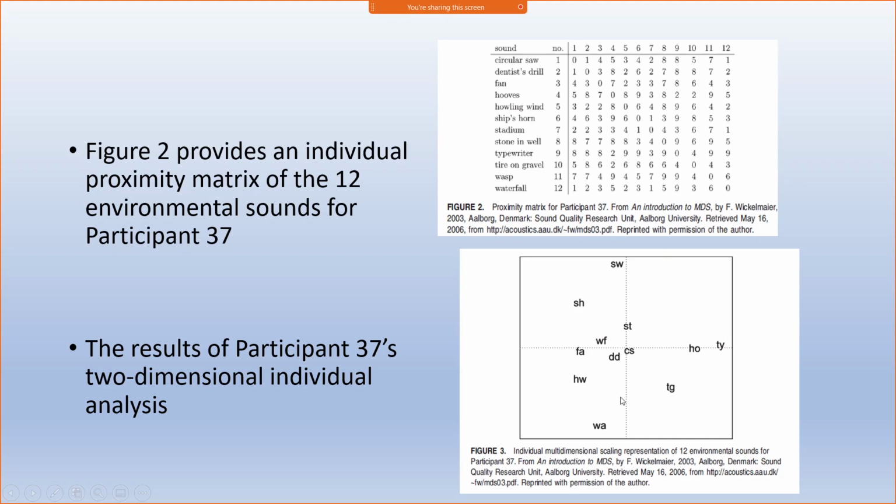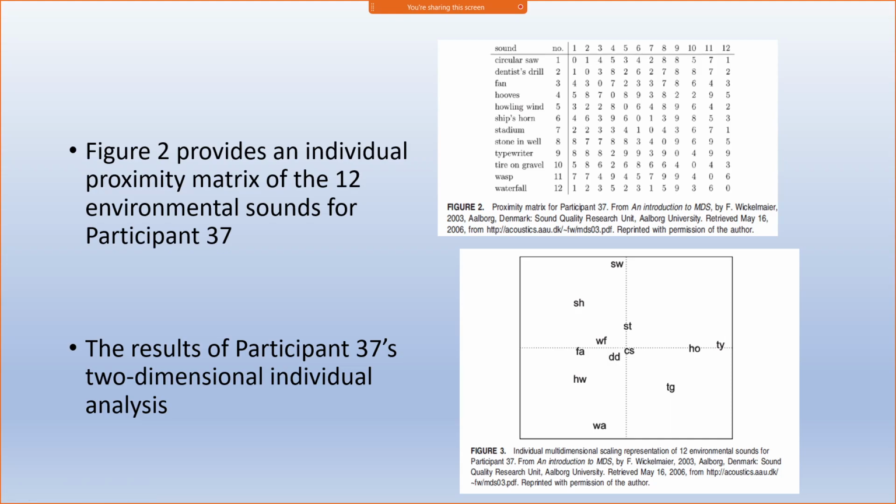So from this proximity matrix, you can draw a map, and then you can see there is one group here, maybe one group here, and maybe one group here. So this is a test from environmental sounds.